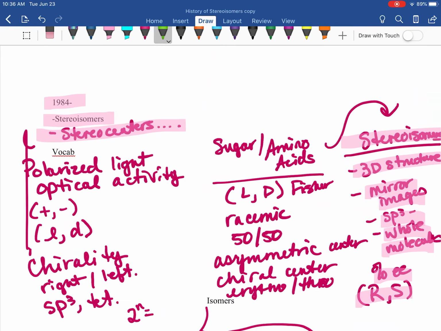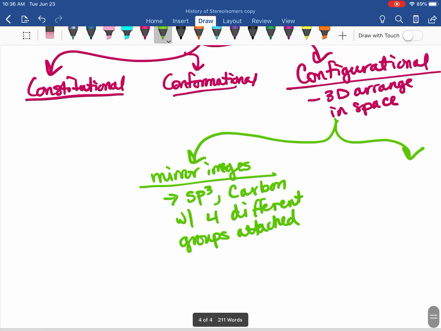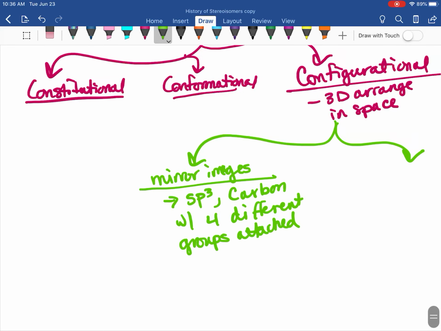Now, our next video is going to get deep with this. What do we call it when we have mirror images? These mirror images are called enantiomers. Enantiomers are only mirror images.